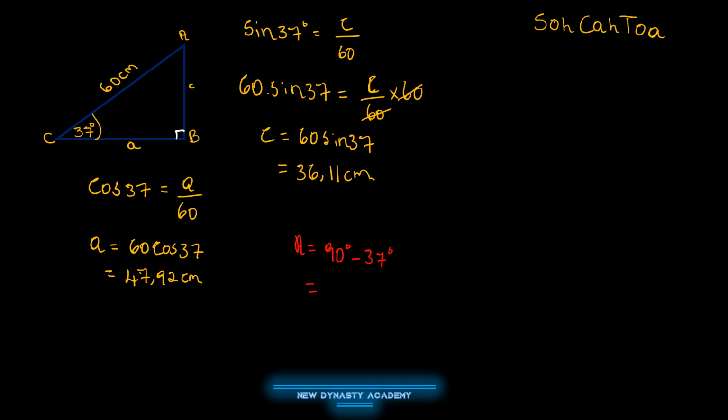That is going to give us 53 degrees, and that's how you can calculate that. And our reason here is that we used the sum of angles of a triangle.